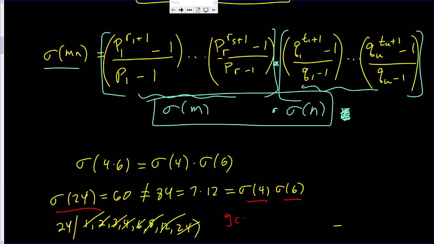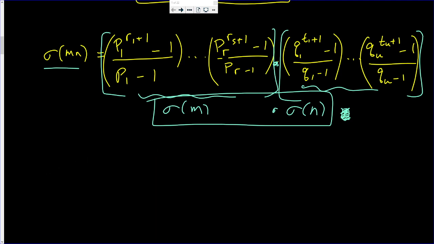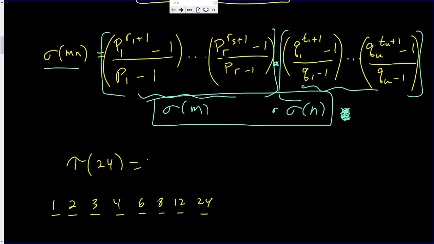Why is that? The GCD of 4 and 6 is 2, which is not 1. If the GCD of 4 and 6 were 1, then I would not have the not equal to there. Just want to be clear that this is not always true. And likewise, if you look at tau of 24, the divisors are 1, 2, 3, 4, 6, 8, 12, and 24. That's 8.